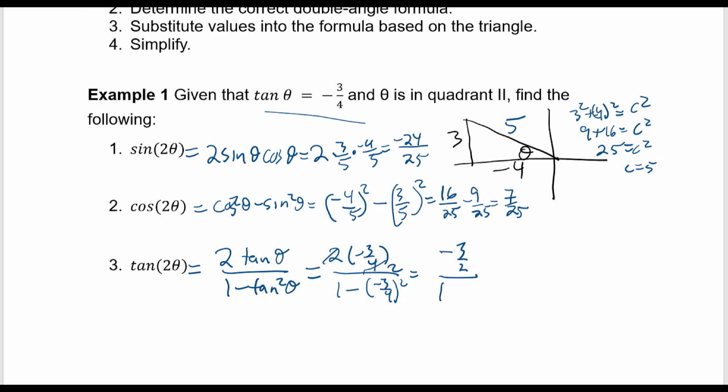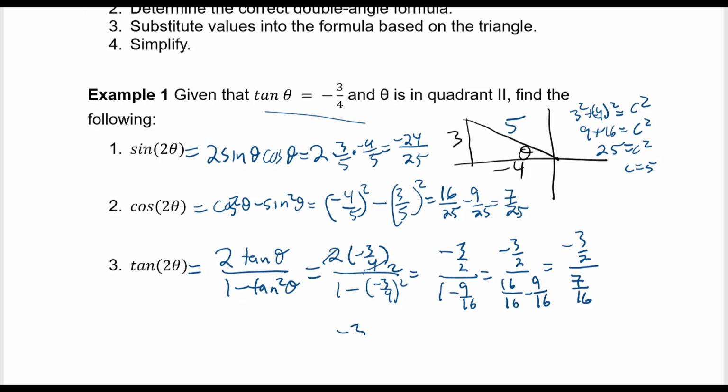over 1 minus, and that's going to be 9/16. So negative 3/2 over 16/16 minus 9/16. Negative 3/2 over 7/16.